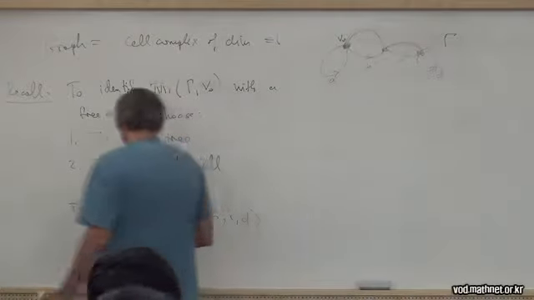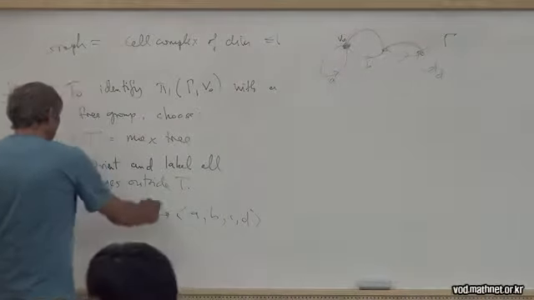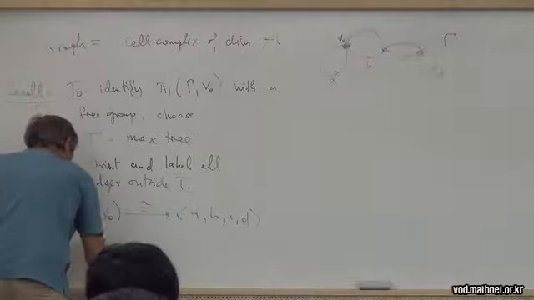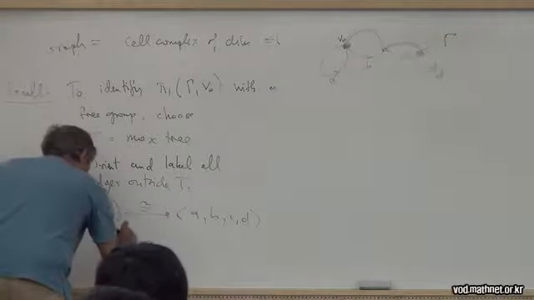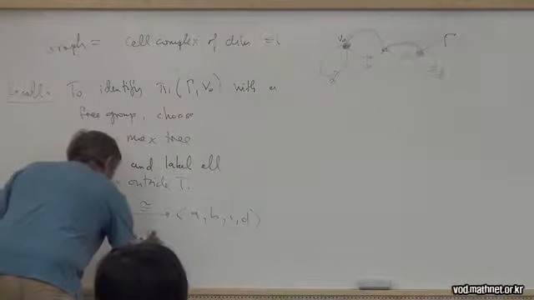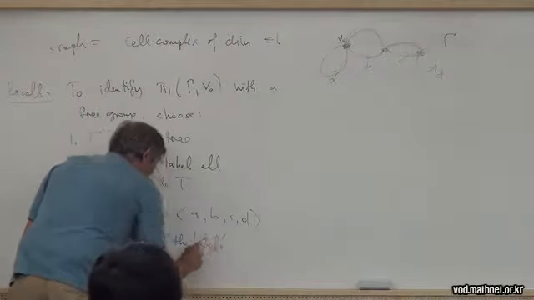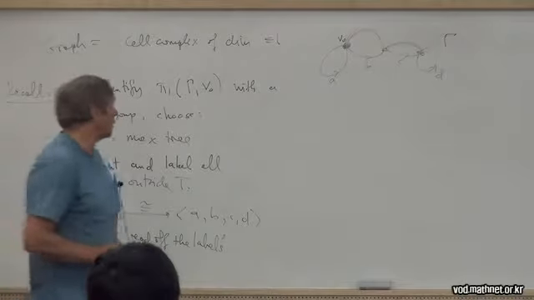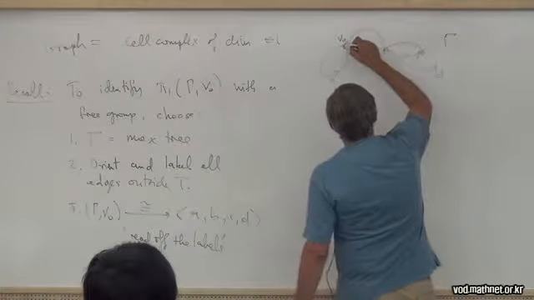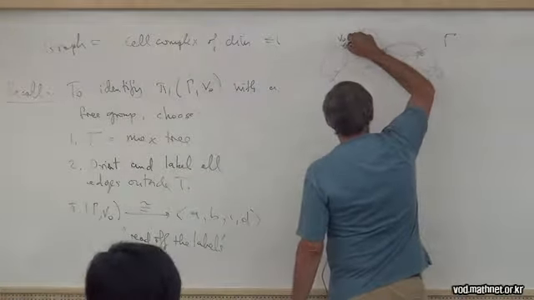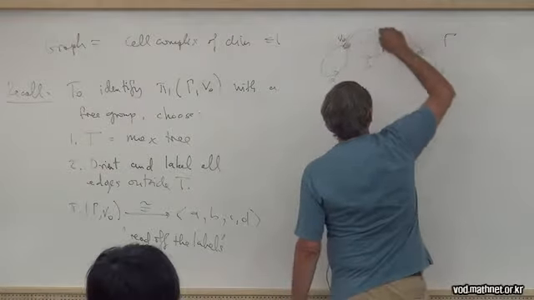So this isomorphism is just read off the labels. If I start with some loop, it starts at V0. Here's V0. The loop goes over some red edge.